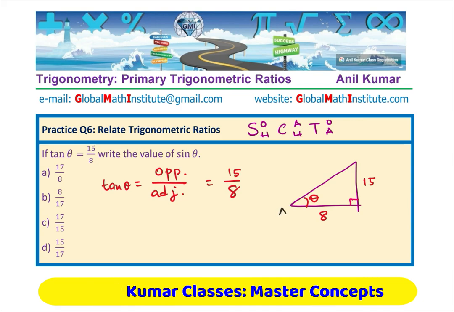So let's label this ABCD, okay? So AC is equal to square root of 8 square plus 15 square, right? So what is this equal to? 8 square plus 15 square is 289. And when you do square root of 289, you get 17.